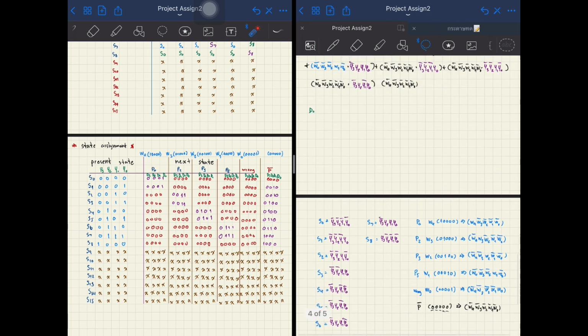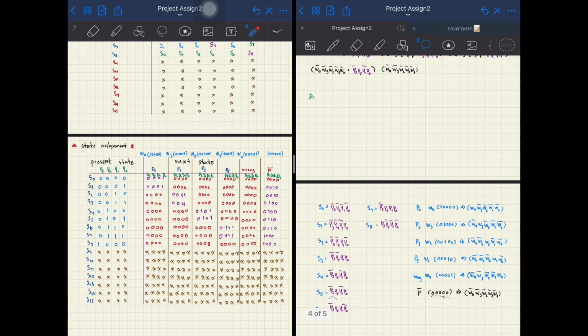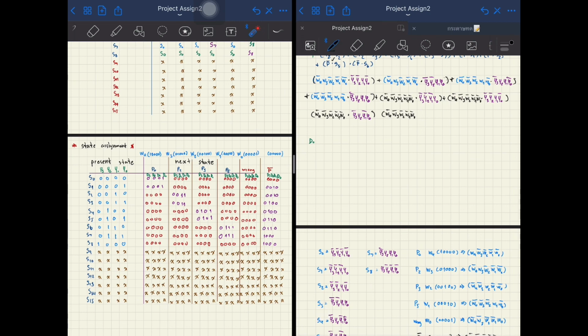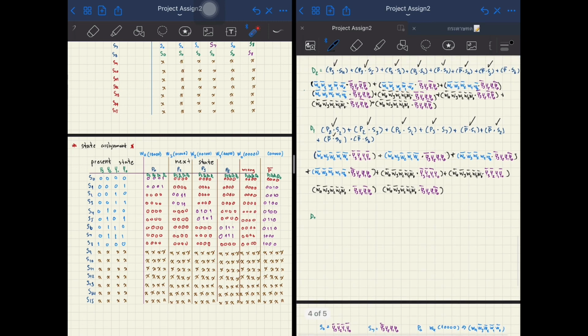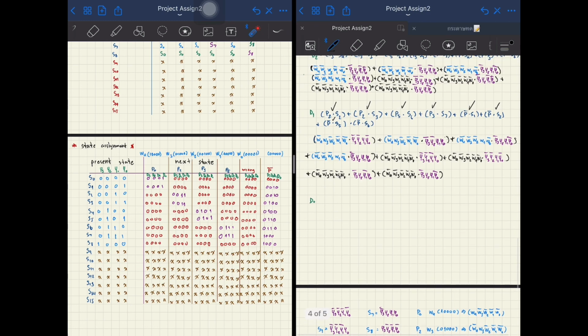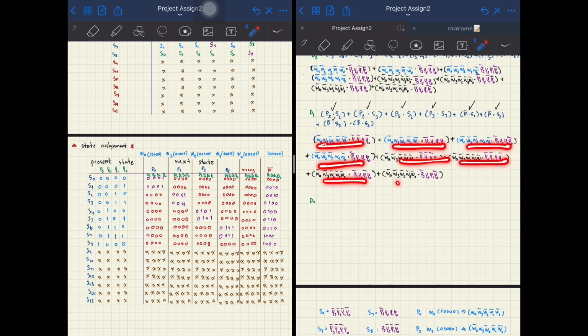State 6 is here, right? Okay, we got all equation, oh I forgot or sign. Okay, let's check it: 1 2 3 4 5 6 7 8 term, okay.